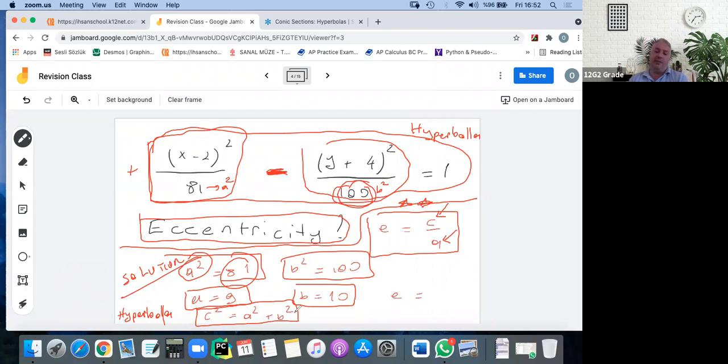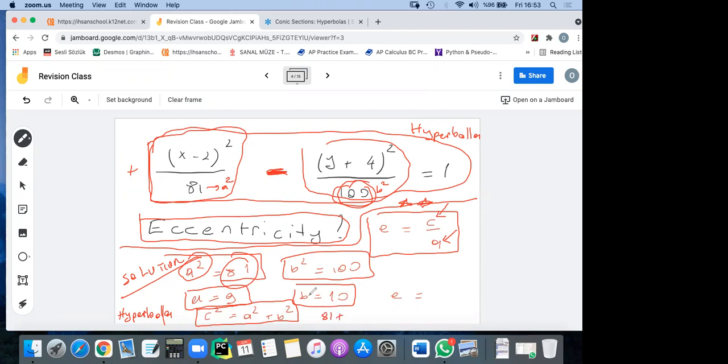But for the hyperbola, it's plus. So you can keep in your mind: for the hyperbola, this is minus, this is plus. For the ellipse, this is plus, so this is minus. There is an opposite relation between them. Or just memorize it as a rule. And then, what is A squared? It is 81. What is B squared?